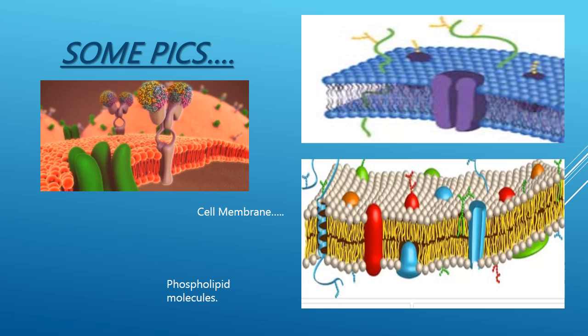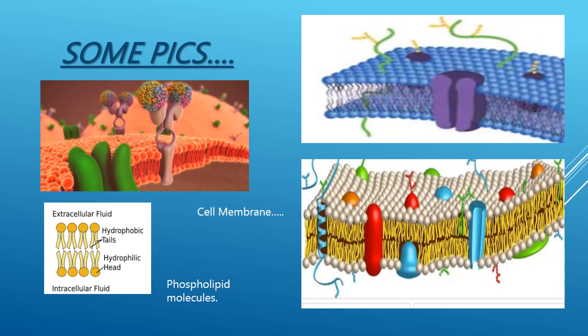Okay, here we see some pictures of the cell membrane, and this is the picture of a phospholipid molecule, where we see hydrophobic tails and hydrophilic heads. So the round heads are hydrophilic in nature, that is, they are water loving.